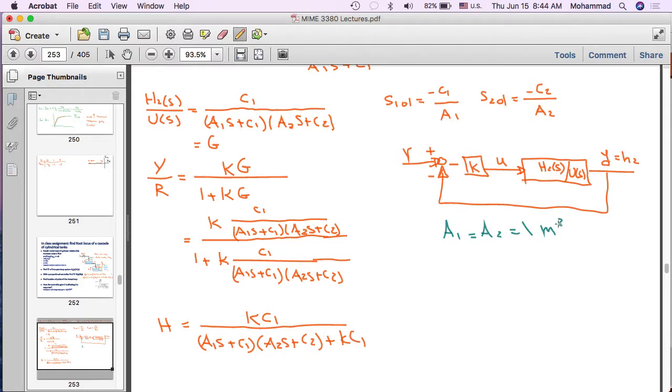So the surface of these two tanks are identical. So we are dealing with identical cylinders. But to distinguish between the two tanks, let's assume C1 is 5 and C2 is 1.